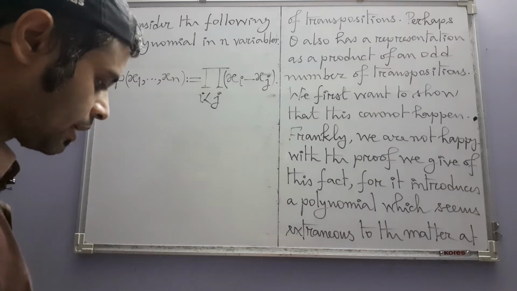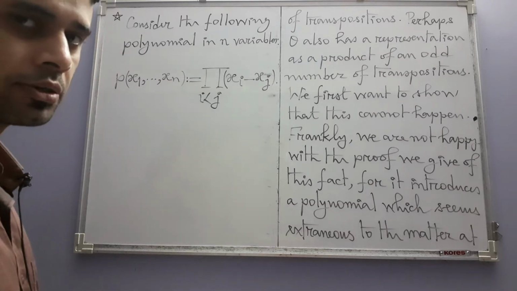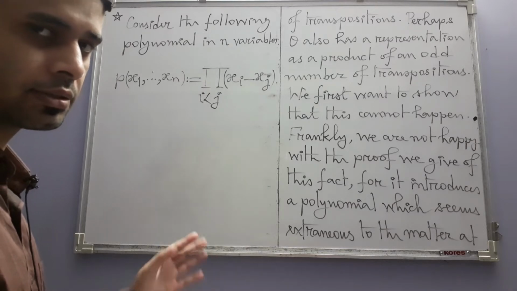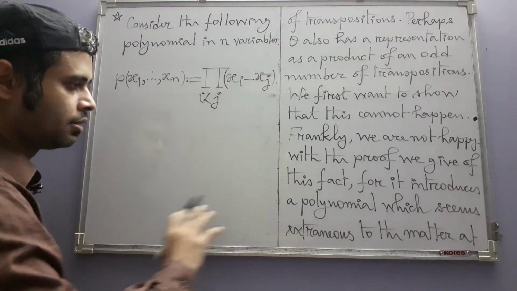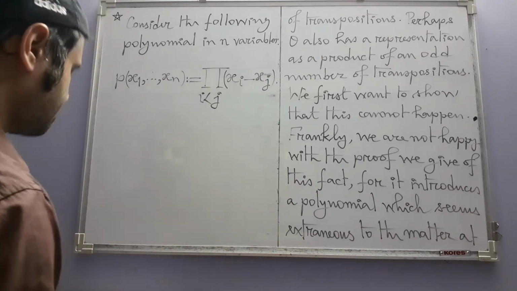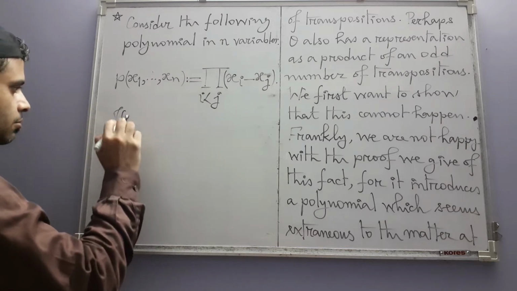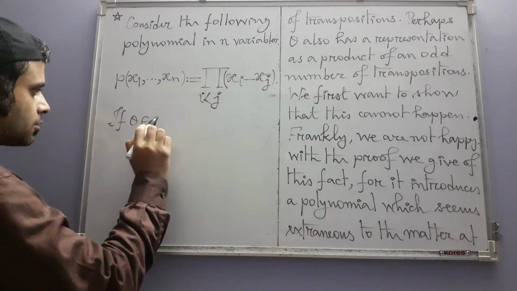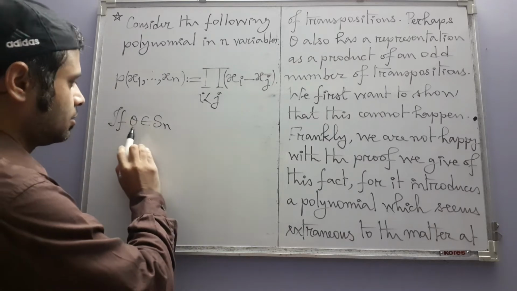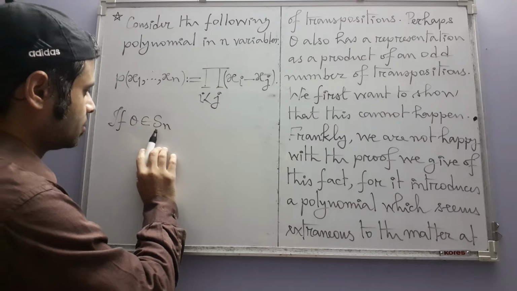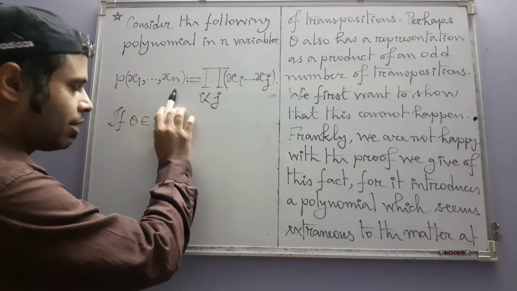But before we go to that example, we want to say how we are going to use this polynomial to show that theta is, that thing that we are claiming, that the evenness will not be affected. So if theta belongs to Sn, you can understand that if we are considering our permutation from the symmetric group of degree n, then we have to consider this n variable polynomial.